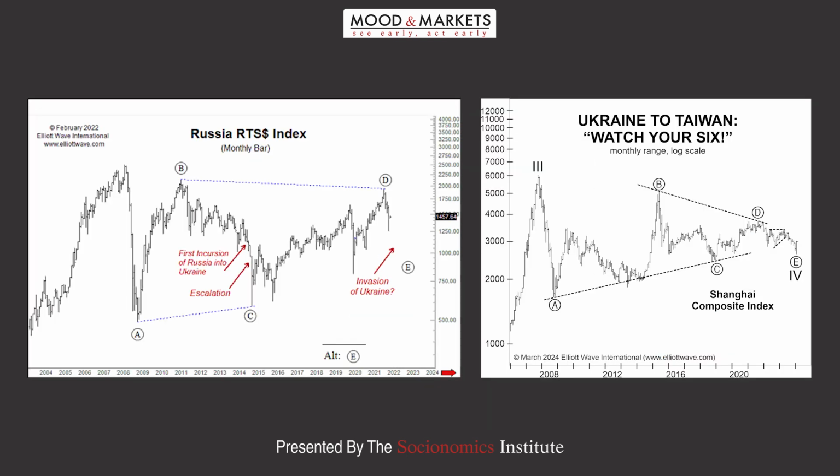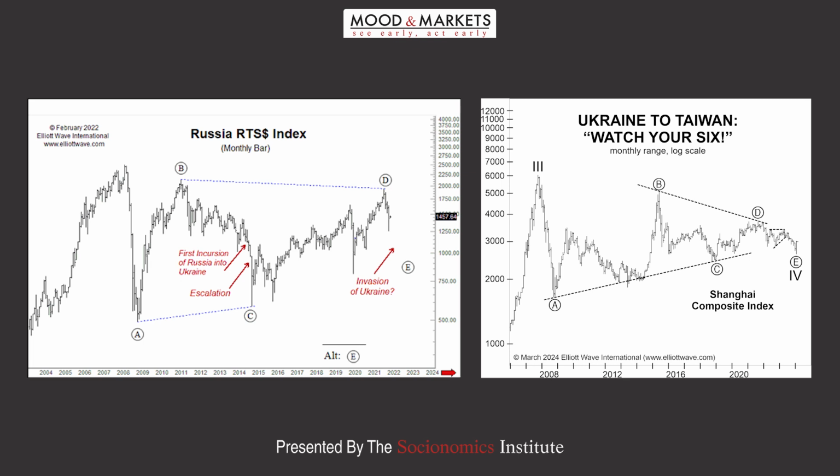The April 2024 issue of the Socionomist noted that this RTSI chart offered more than a passing resemblance to the pattern that's been unfolding in the Shanghai Composite. EWI's Asian Pacific analyst is likewise counting a triangle pattern, and the index is potentially in a similar position.